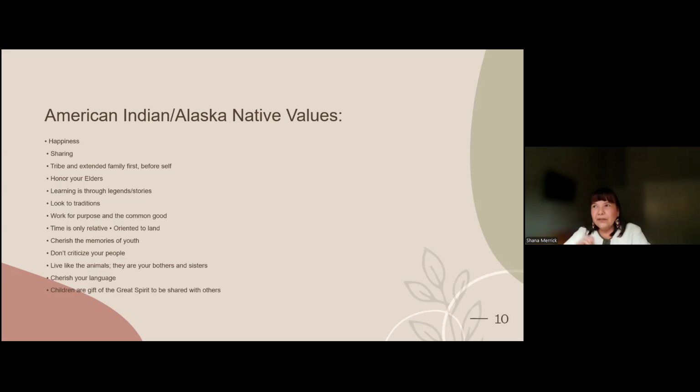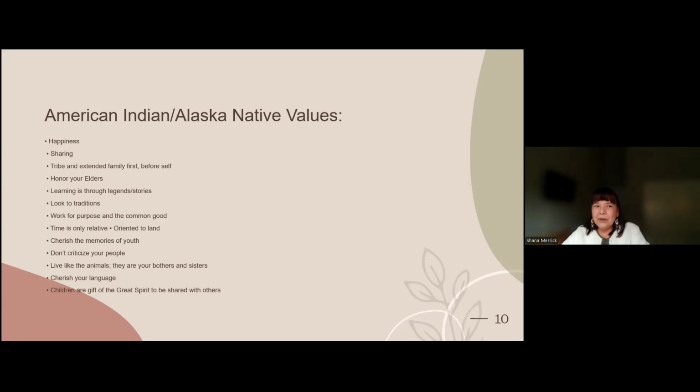I heard a lot of different types of stories from my relatives growing up, some of which were very beautiful and some were kind of scary. Looking to traditions, working for purpose for the common good, the idea that time is only relative, that it's oriented to the land.